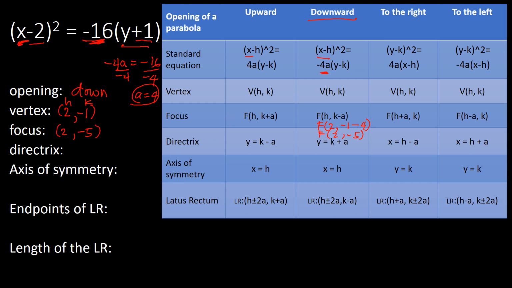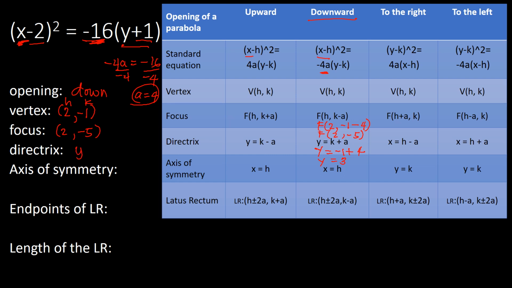Next, we go over to the directrix. So we have y equal to k plus a. So y will be equal to our k, which is negative 1, plus our a, which is 4. Simplifying, y is equal to negative 1 plus 4. They have different signs, so we subtract the numbers. 4 minus 1, that's 3. And then we copy the sign of the bigger number, so that should be positive.